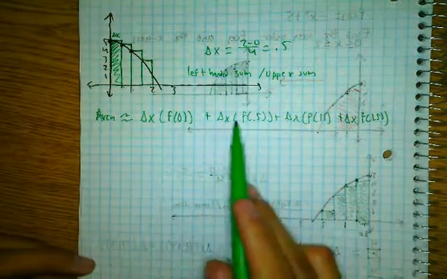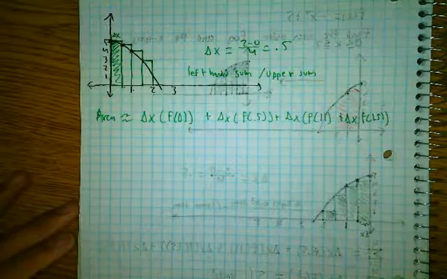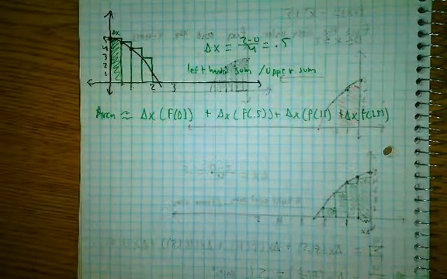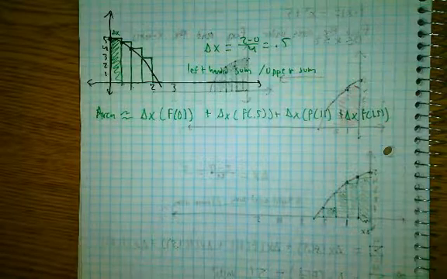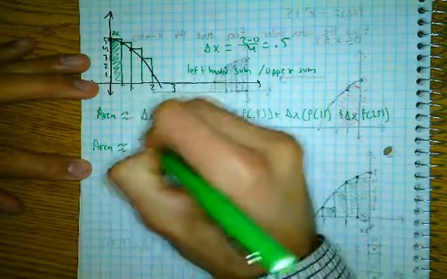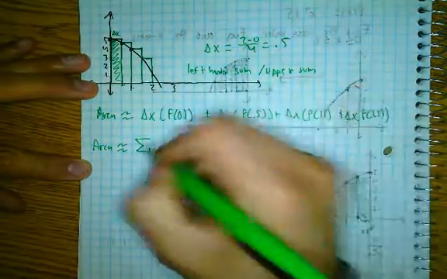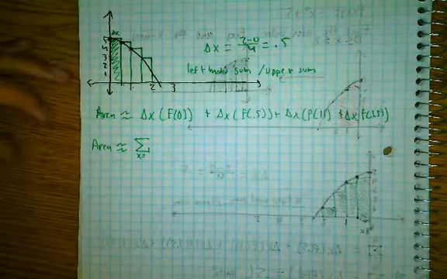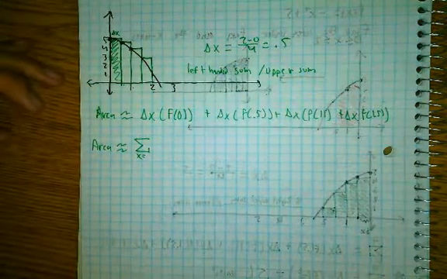Alright, how can I come up with a formula so I can just plug it in the calculator the way we did? The area is going to be approximately the sum of x. Where are we starting this time? 0, and we're going to go to 3.